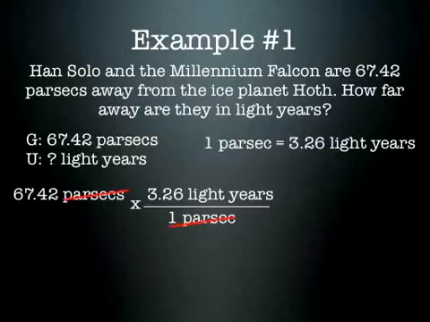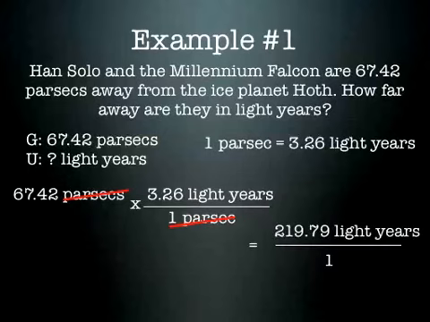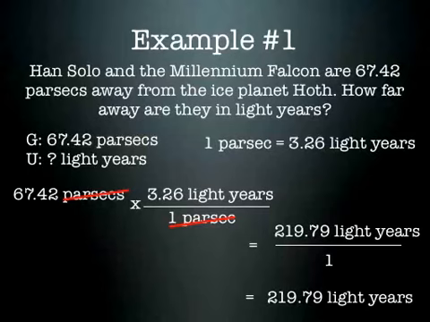So my parsecs cancel out, and I multiply across the top. 67.42 times 3.26 leaves me with 219.79 light years divided by 1, which is just 219.79 light years.